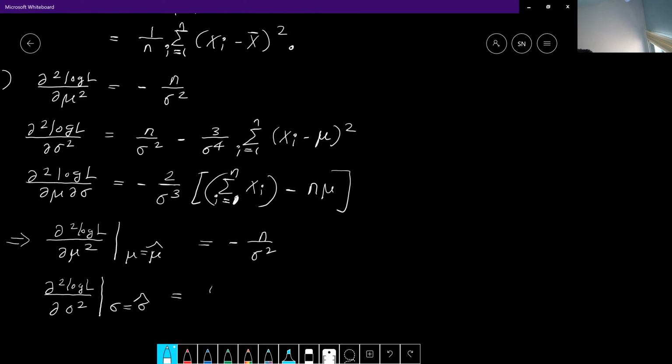n divided by sigma squared minus 3, then you have the sum, you have this, all right?